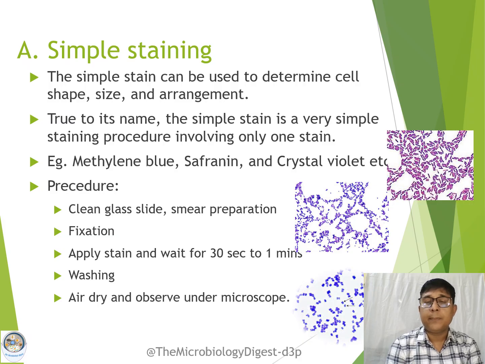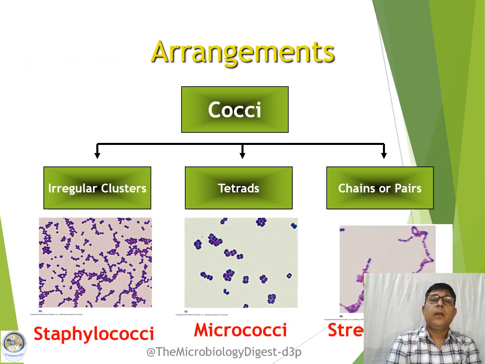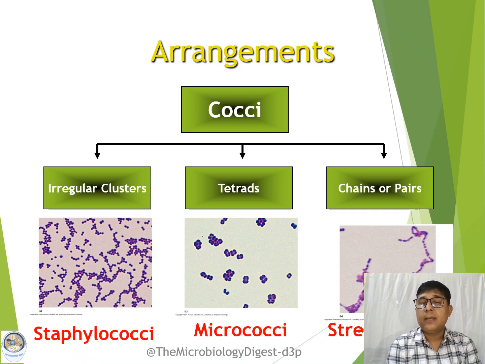Suppose it is a coccus. Cocci may be arranged in different forms. If arranged in an irregular cluster, it is called staphylococcus. If arranged in a group of 4, or tetrads, it may be micrococci. If arranged in a chain or pairs, it is called streptococcus.